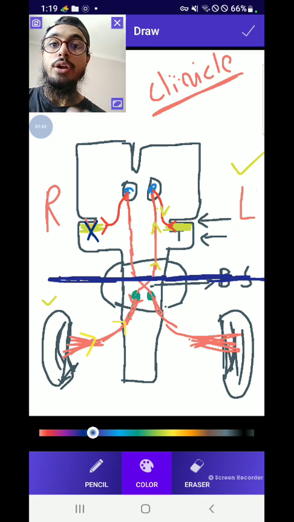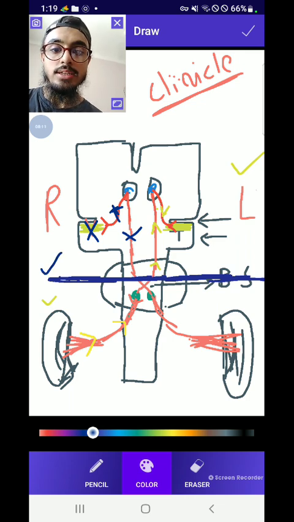The primary auditory cortex. Any damage to the pathway of receiving the information related to frequency, pitch and localization. Any damage to this pathway, above this line, above the vestibular nucleus which is present over here.